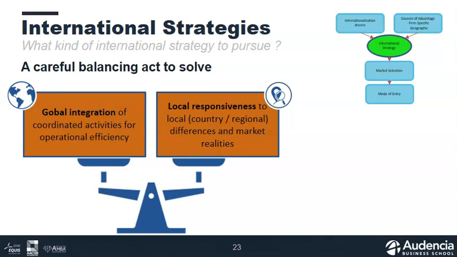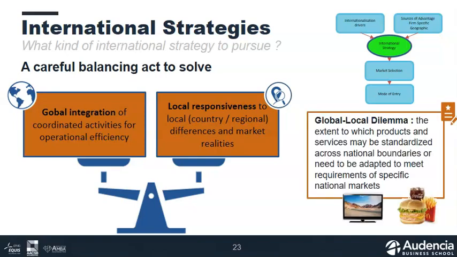If I'm totally globally integrated, I have a completely homogeneous product, and I'm not meeting local needs. And if I'm totally locally responsive and defining my product and my service offer completely locally, then I'm not integrated globally, and I don't have any advantages of scale because every product is different in every market. So you have to balance both of these.